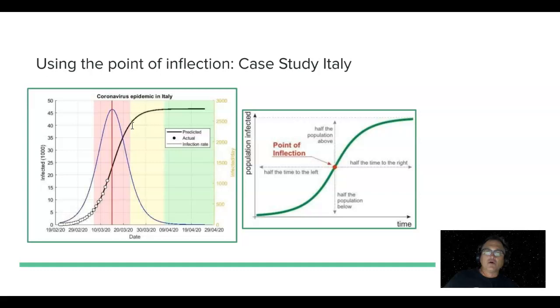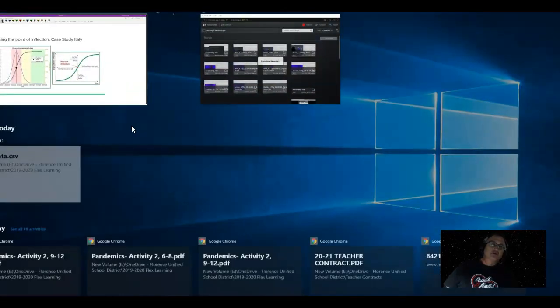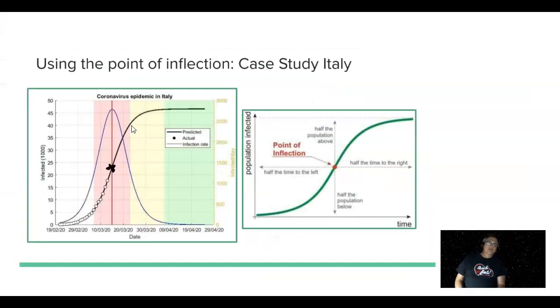All right, now over to Italy. Here's the actual data on Italy in the white circles there. The point of inflection is right here where that vertical line crosses the graph, right? So at that point, there was 25.